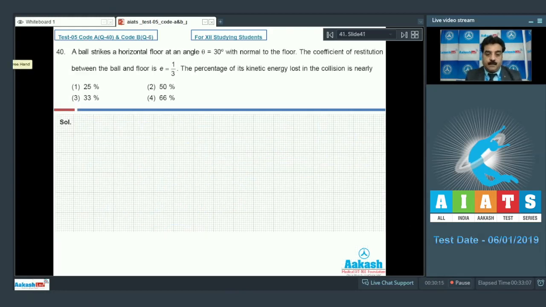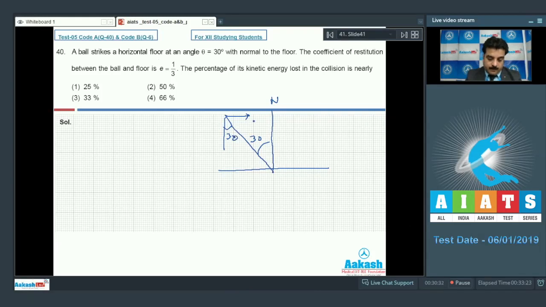A ball strikes a horizontal floor at an angle of 30 degree from the normal, just like this. The angle is 30 from the normal. If I resolve the components, this is V cos 30 and this is V sin 30.